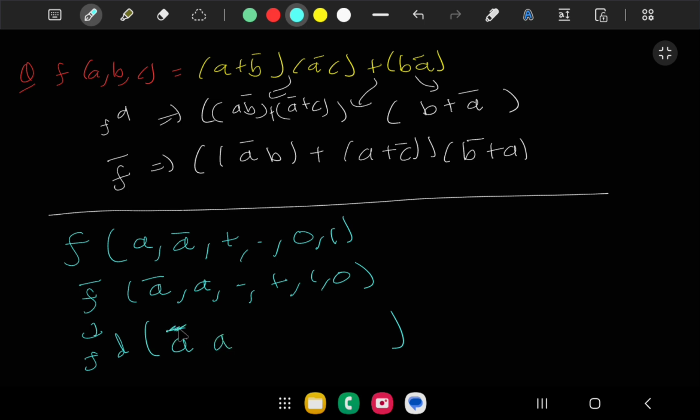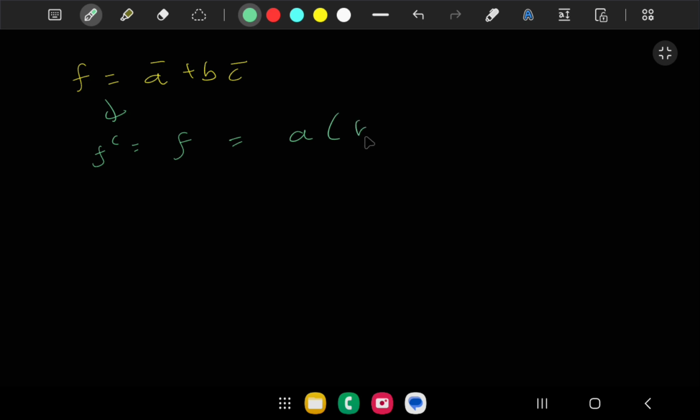Everything else will be same. Just do this from f complement. For example, if I give you this question, f equals a bar plus b c bar, then the complement will be a b bar plus c.